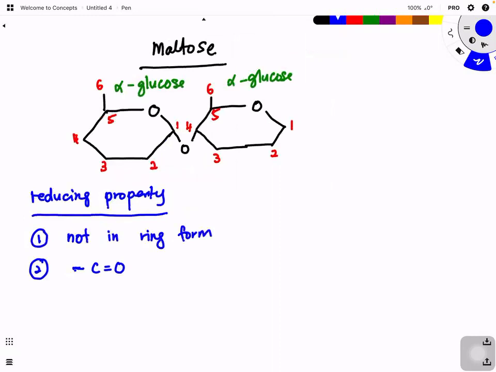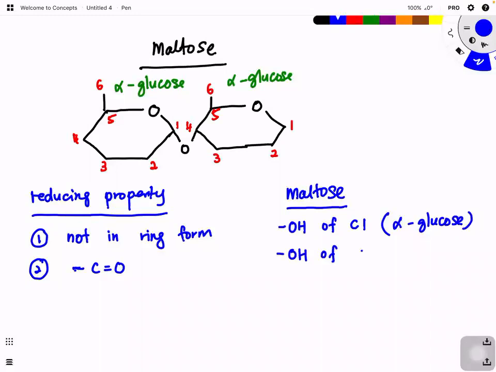When maltose is formed, where does the reaction take place? The reaction takes place between the OH group of carbon number 1 of one alpha glucose and the OH group of carbon number 4 of another alpha glucose. Clear or not?